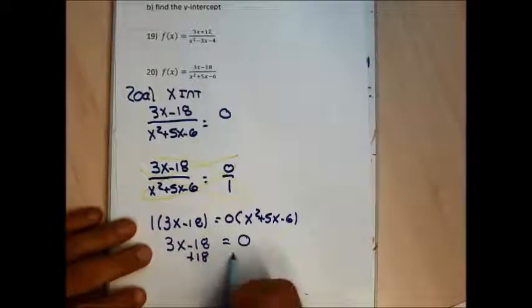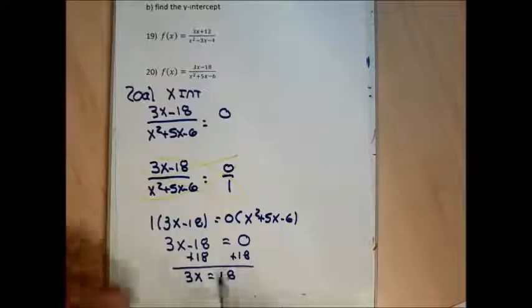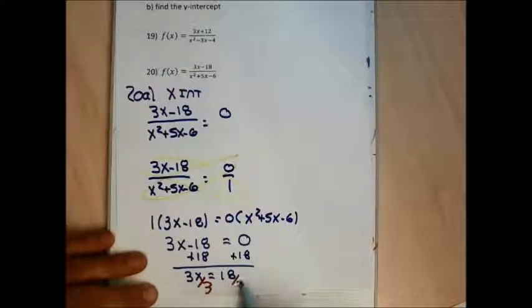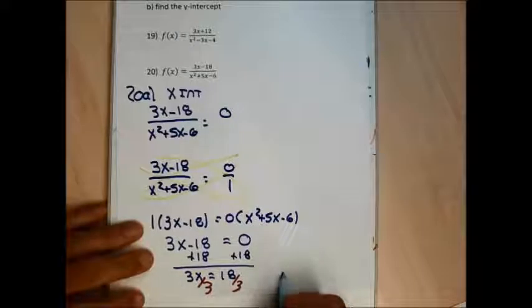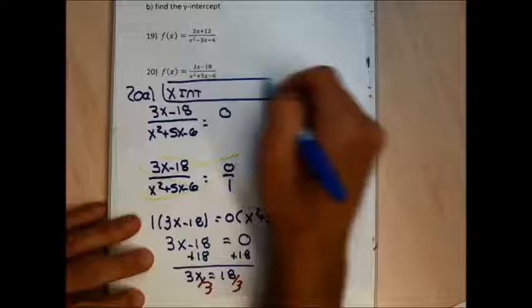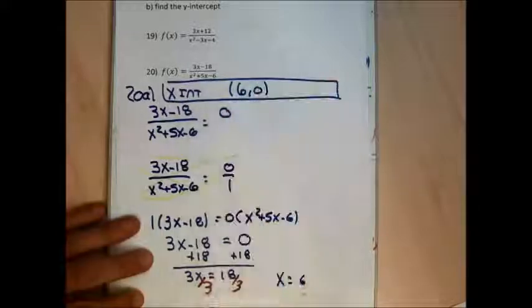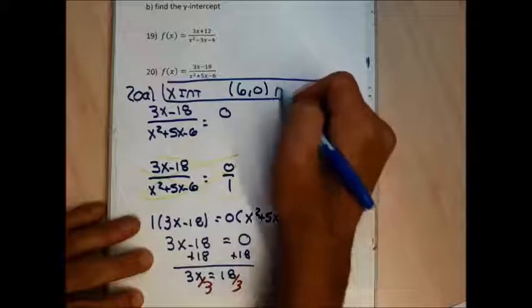Now I'm going to add 18 and get 3x equal to 18, and then divide by 3 and get x equal to 6. As I go to do an answer for part A, the x-intercept, the opposite letter is always 0. The x is 6, so the y is 0.